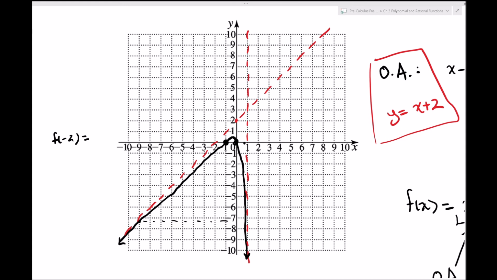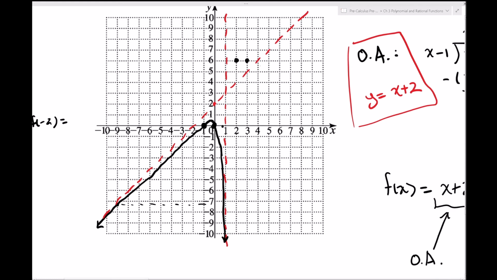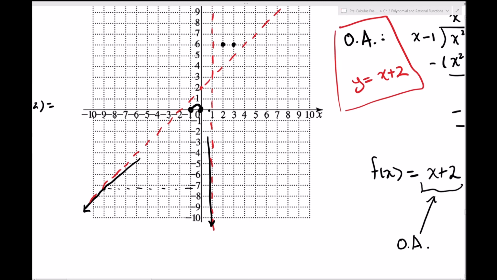So what's going on the other side? Let's plot x equals 2. Again, I'm using my calculator. When x equals 2, I get 6. Let's say x equals 3. At x equals 3, I get 6 again. And that's kind of mirroring what's happening here. So something like that going on here.